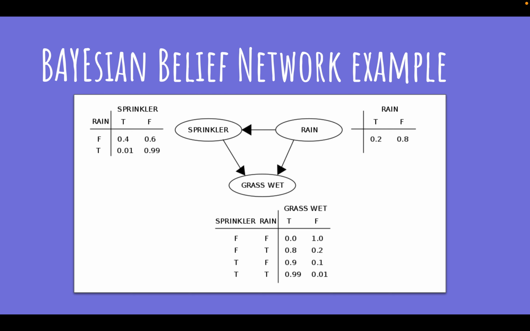So if you look at the grass wet, you'll see there's a very large probability table there. The sprinkler has a probability table that's dependent on the rain, so its table is bigger, and the rain is a prior, so it just has two probabilities. I'm not going to go over the math on how these tables were constructed at this moment. I think it's a little bit beyond what we're trying to go over today, but I can come back to it later.